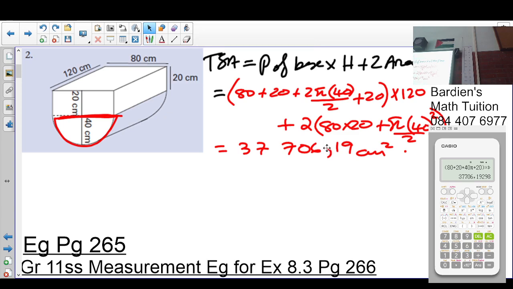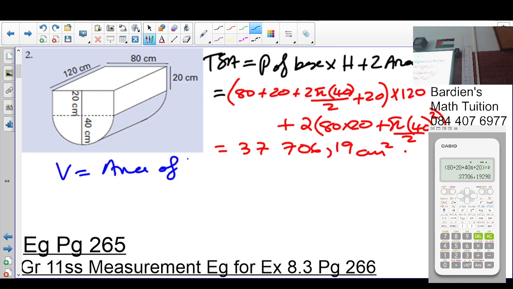Okay. Let's look at the volume. How do you calculate the volume of a prism like this? Is the top and the bottom the same? Yes. The base and the top is the same. So what do I say? Area of base times height.